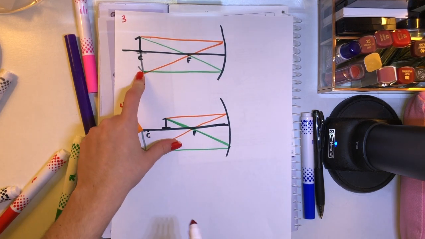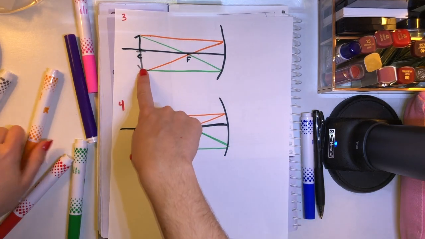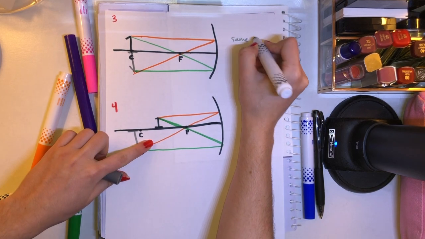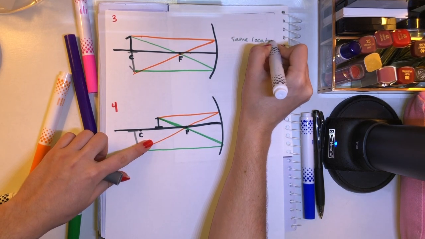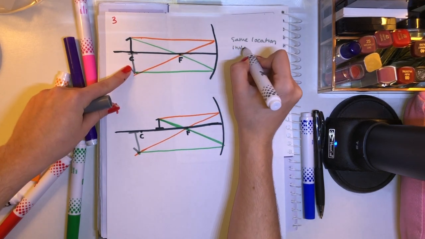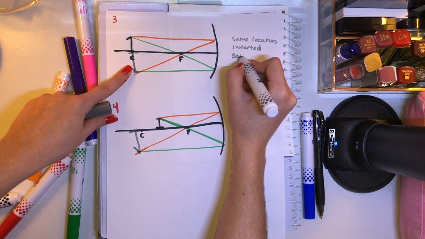We'll see that our image ends up in the same location as the object, so same location, but the image is inverted. And it's also the same size.